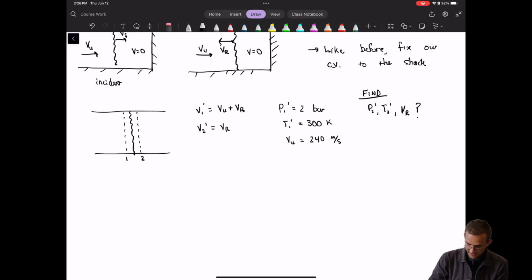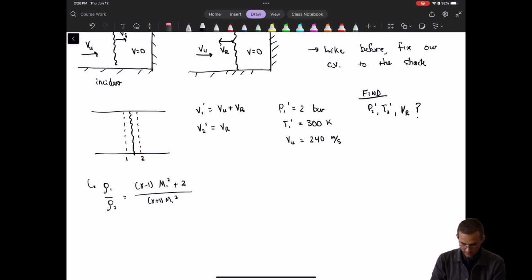So we know that rho 1 over rho 2 is equal to gamma minus 1 M1 squared plus 2 over gamma plus 1 M1 squared. Okay.